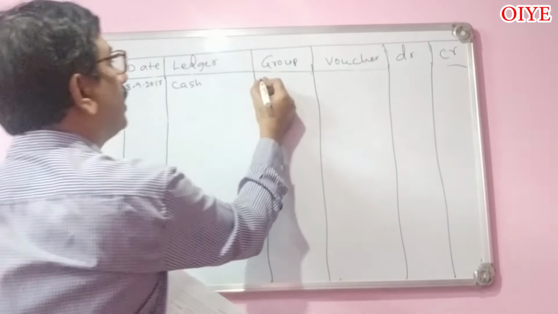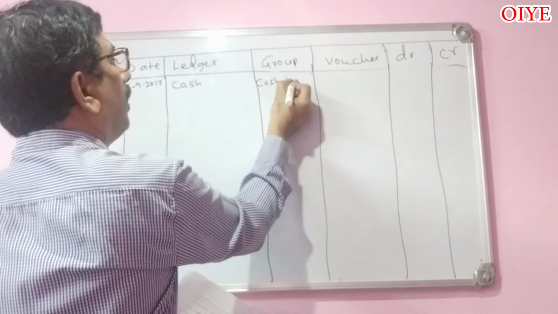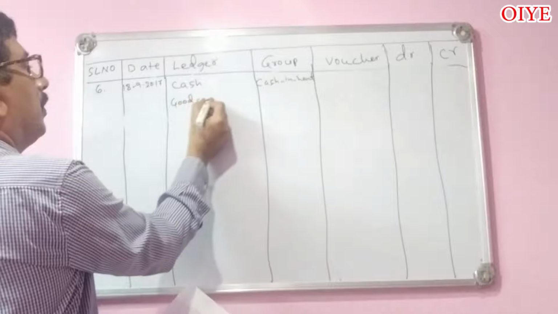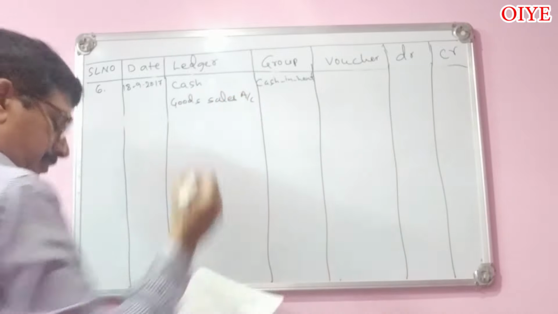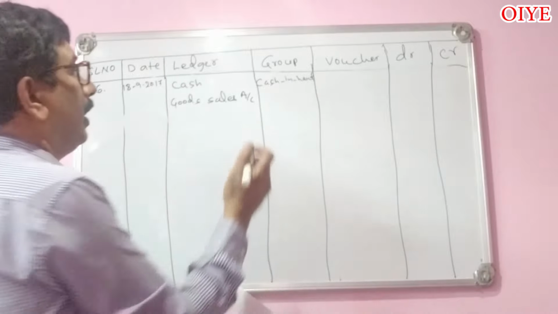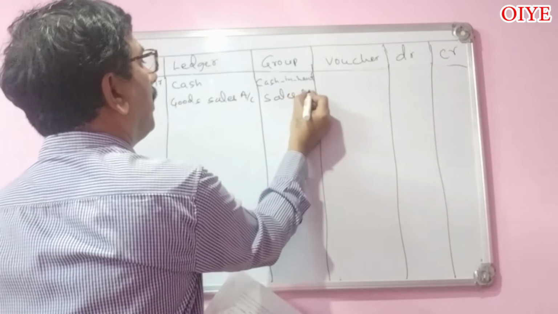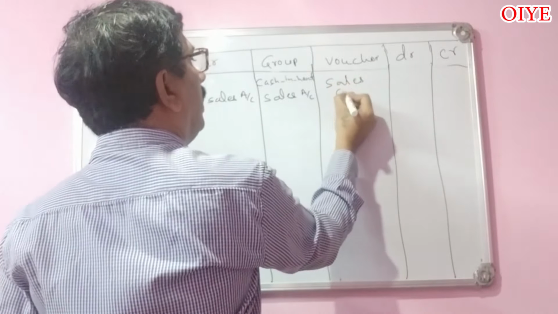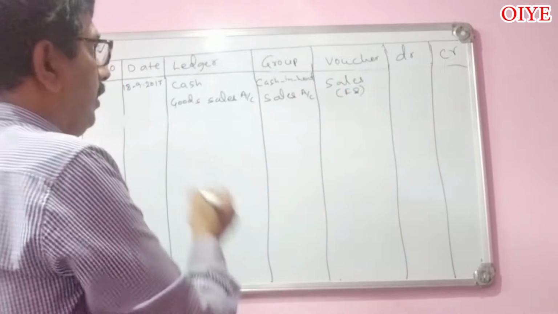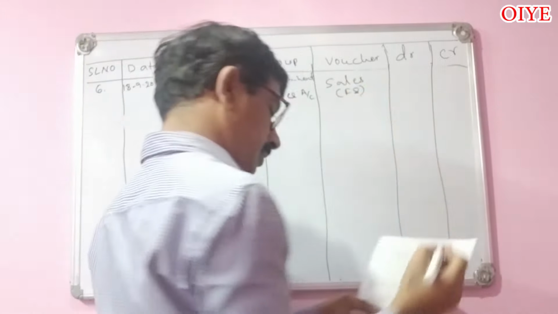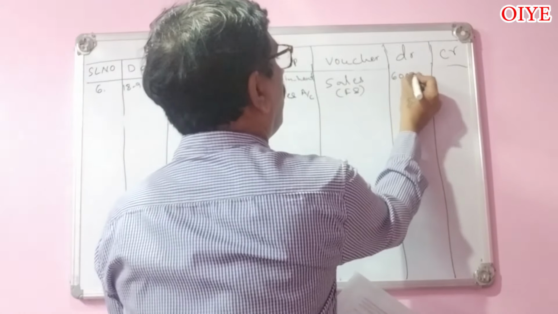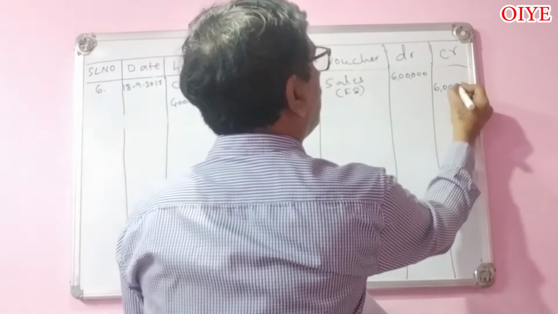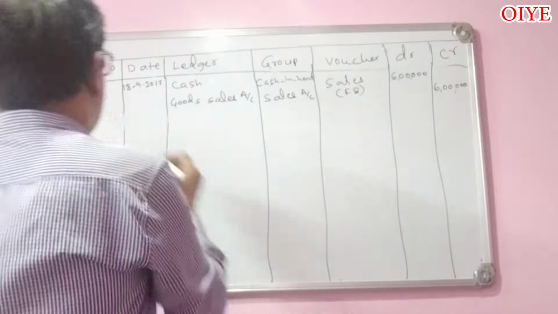So cash under cash in hand, and goods sales account under sales account. And the voucher is sales, and the shortcut key is F8. For cash account debit 6 lakh, and for goods sales account 6 lakh credit. So the 6th entry is over.